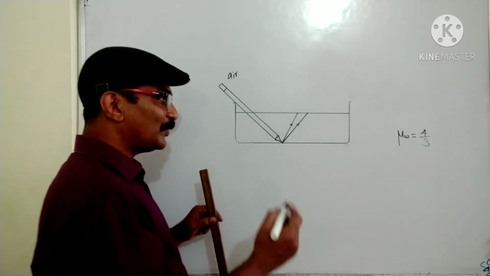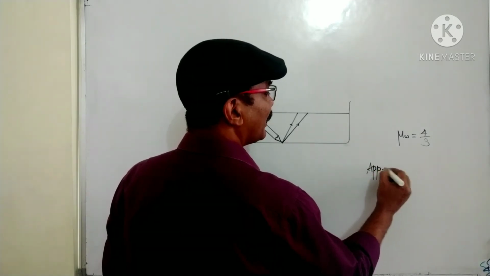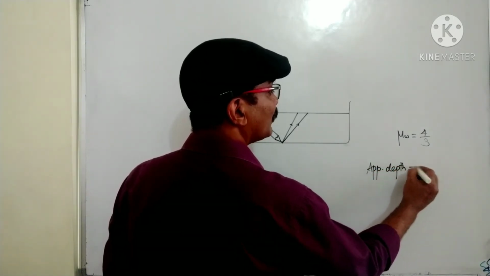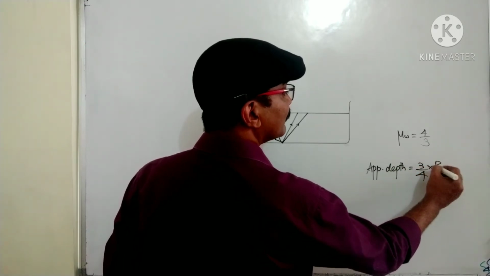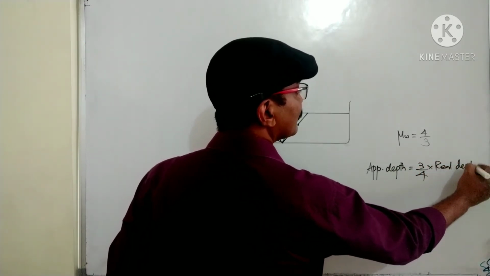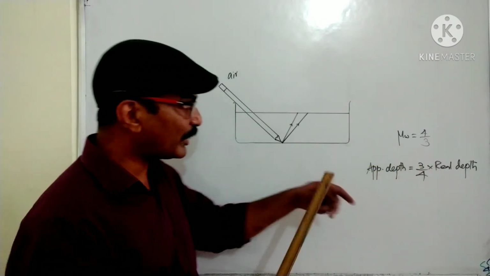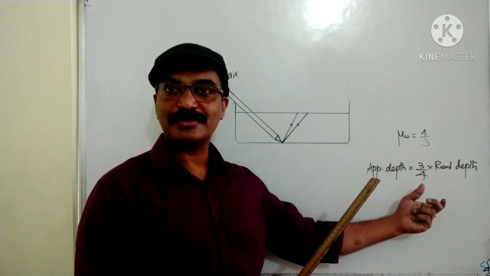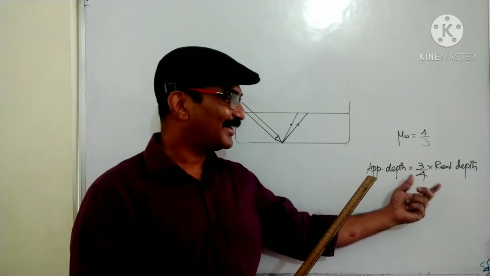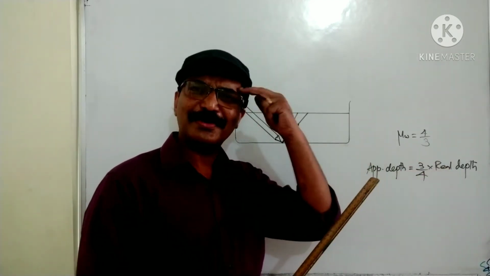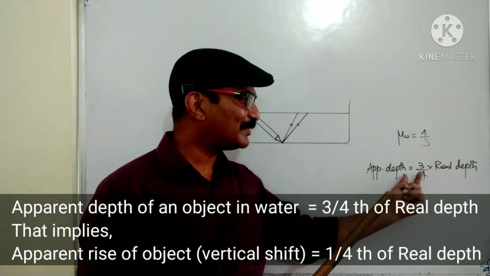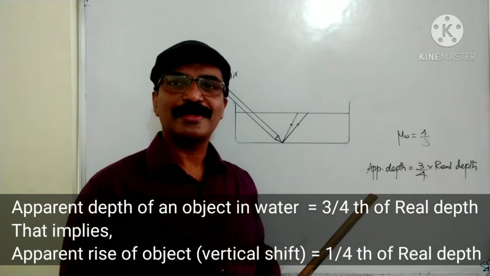So, as you know, apparent depth is equal to 3/4 of real depth. Isn't it? Once you understand that, no need of writing all those things in the examination paper. Just do the calculation in your mind. So apparent depth is equal to 3/4 of real depth.